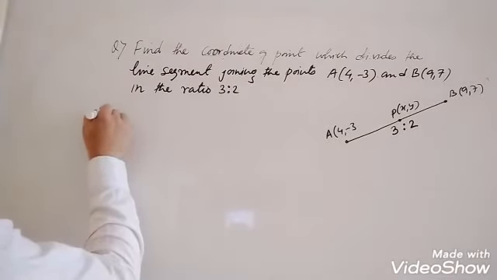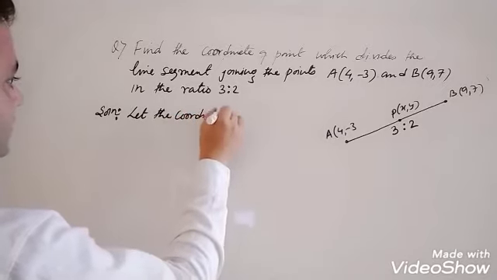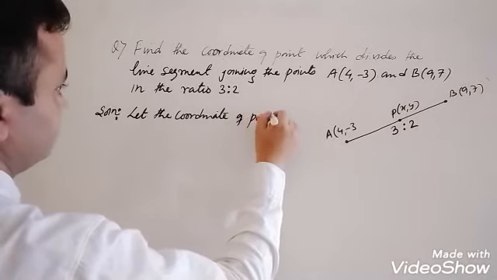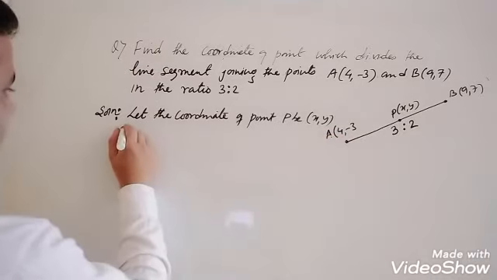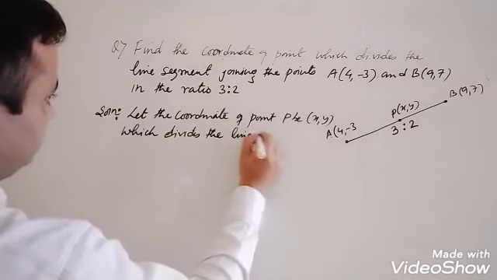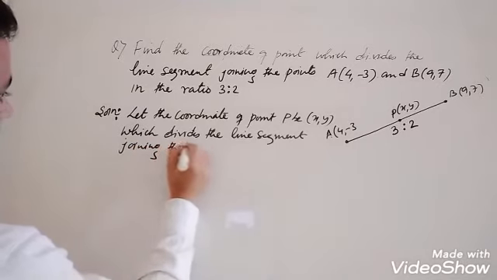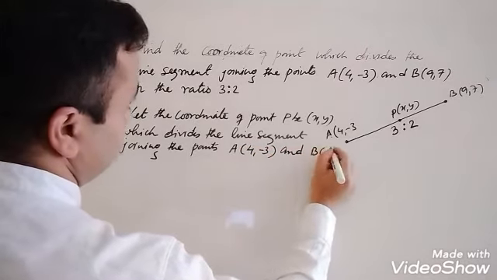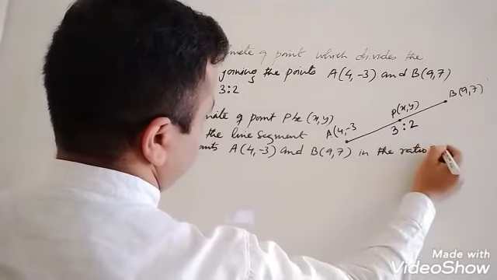In the solution, first you have to write: let the coordinates of point P be x comma y, which divides the line segment joining the points A 4 comma minus 3 and B 9 comma 7 in the ratio 3:2.